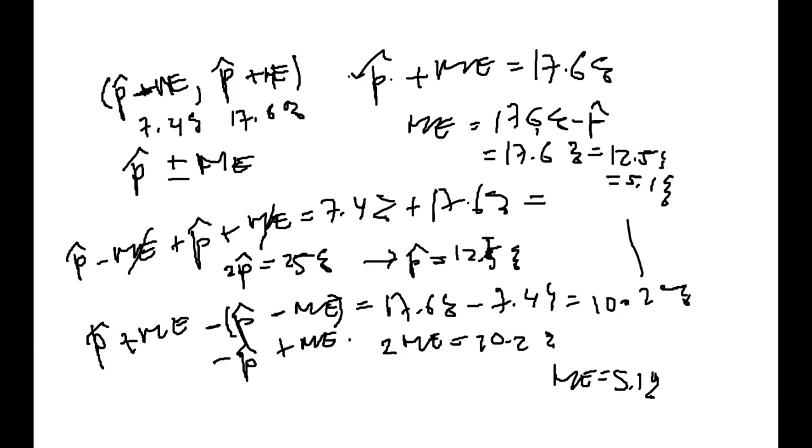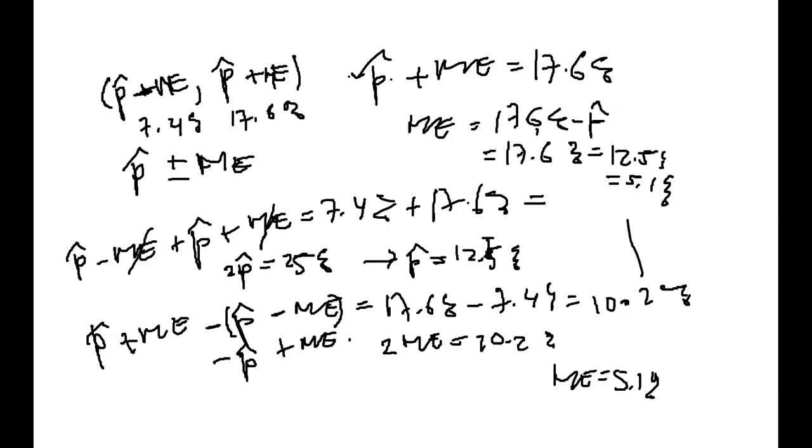So now you need to go to your problem. First you need to add 7.4 with 17.6, right? And then divide by 2, right? So you got 12.5 as we discussed.